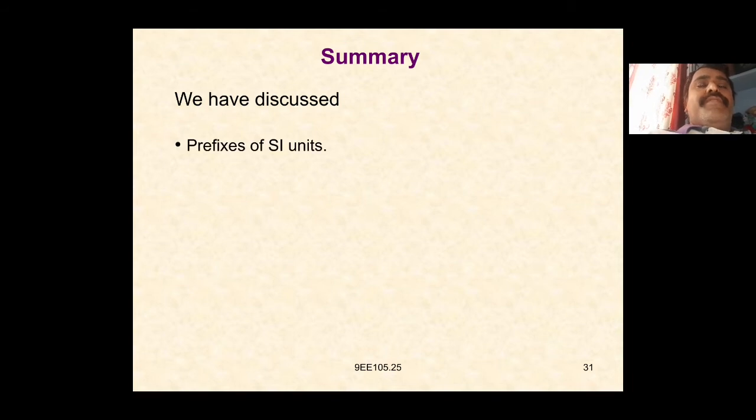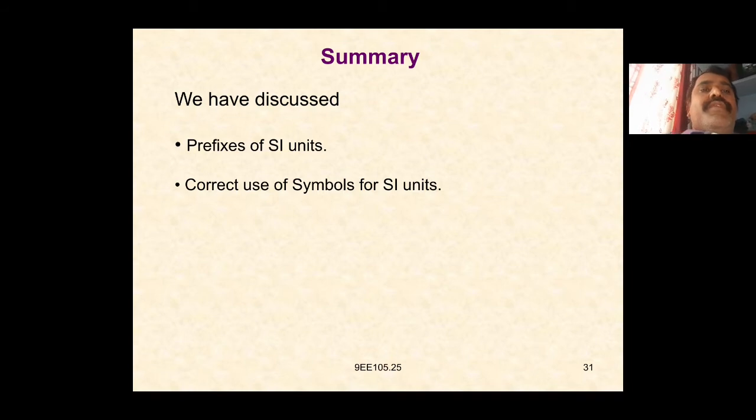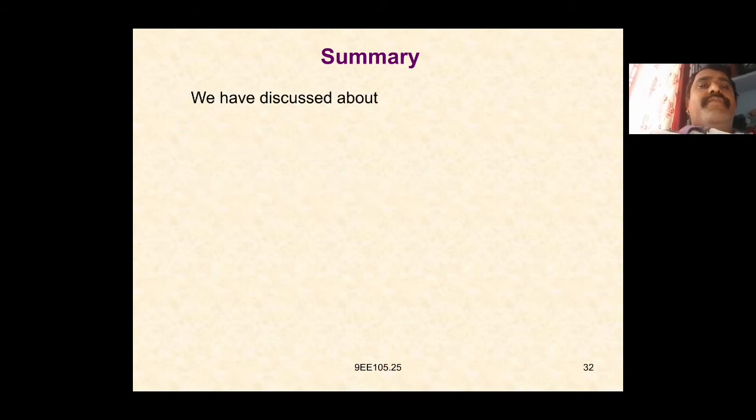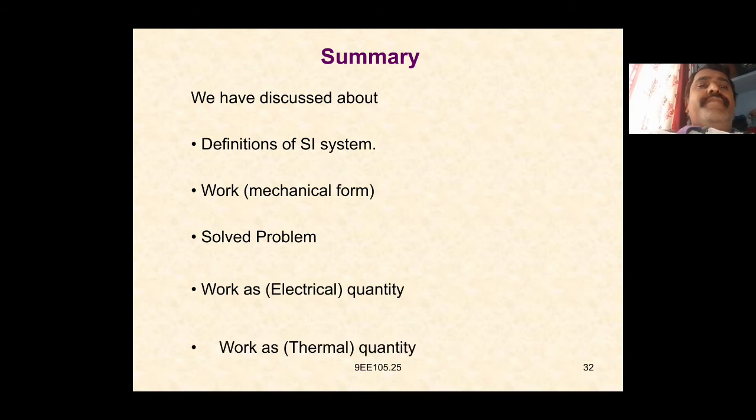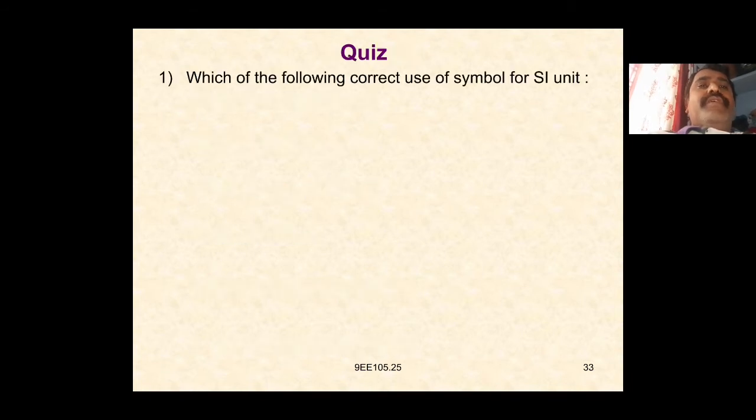We have discussed prefixes for SI units and the correct use of symbols for SI units. So we have discussed the definitions of SI unit, SI system, work as a mechanical form, solving problems, work as an electrical quantity, and work as a thermal quantity.